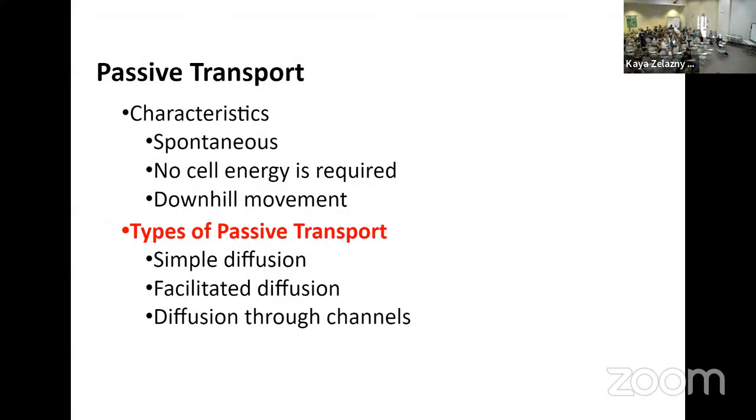Okay. Today we are going to keep rolling, talking about transport, which we broke into at the end of class on Wednesday. So we've gone over what membranes look like. You reviewed that on your own.